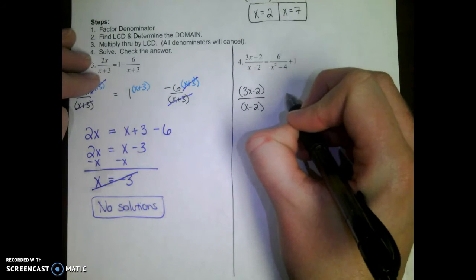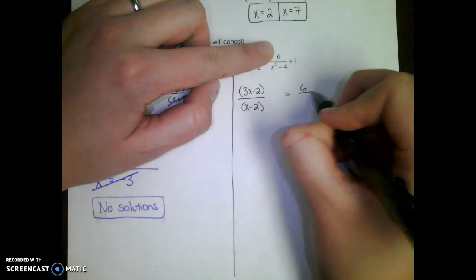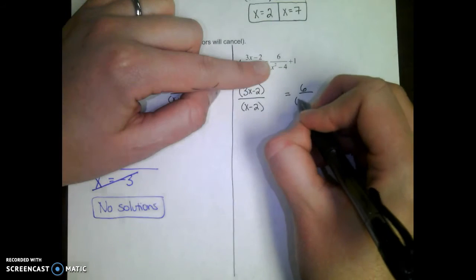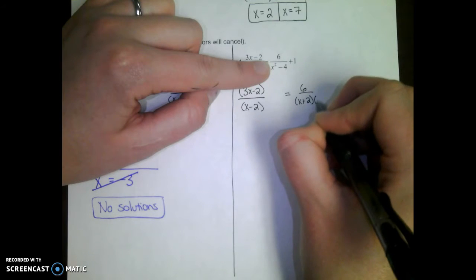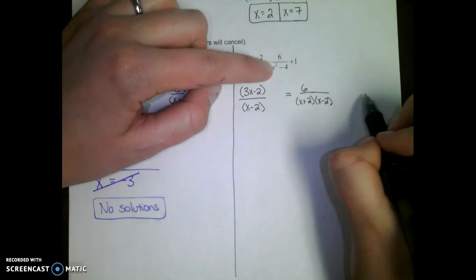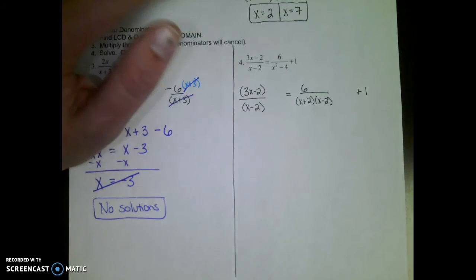Leave a space, equal sign, 6 over, can I factor x squared minus 4? X plus 2, x minus 2. Leave a space, plus 1, leave a space.